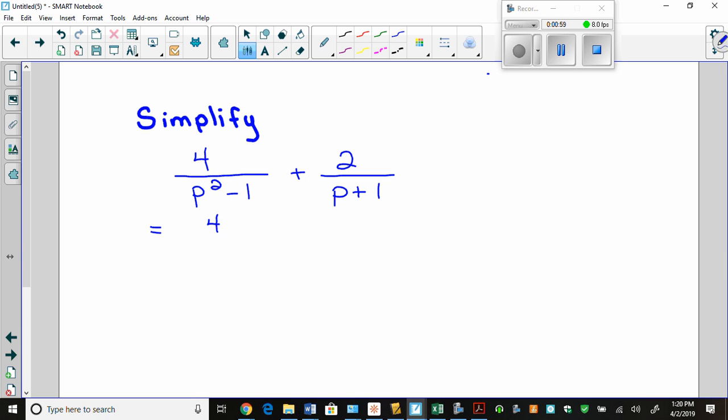So we're going to get 4 over p plus 1, p minus 1, plus 2 over p plus 1. If you spot the difference of squares, what do you see now? You just have to times the second one by p minus 1, and then they have common denominators. So it's just spotting that difference of squares, or GCF.